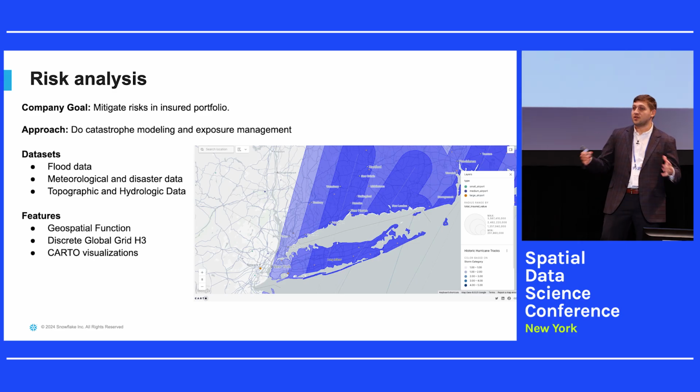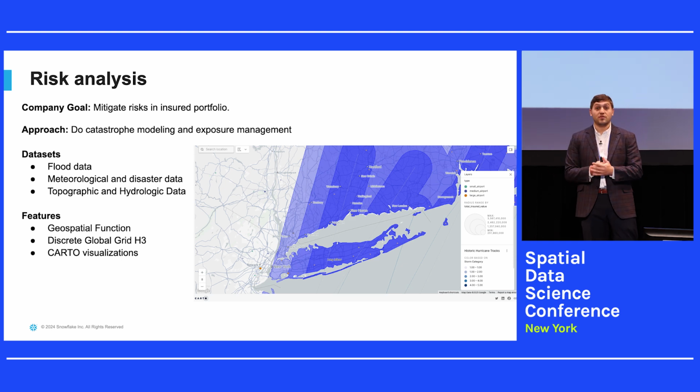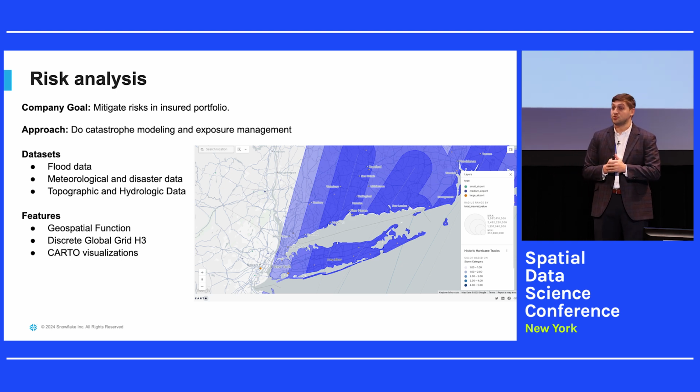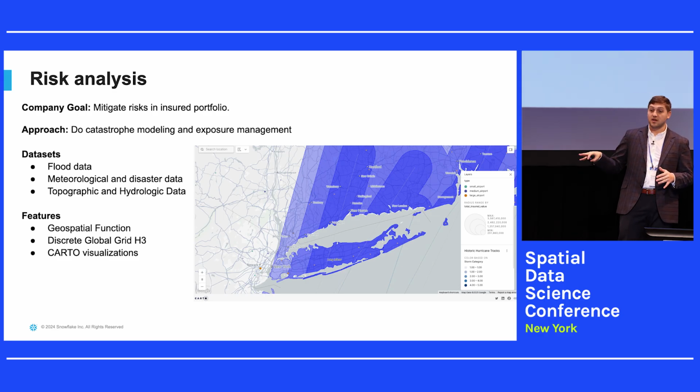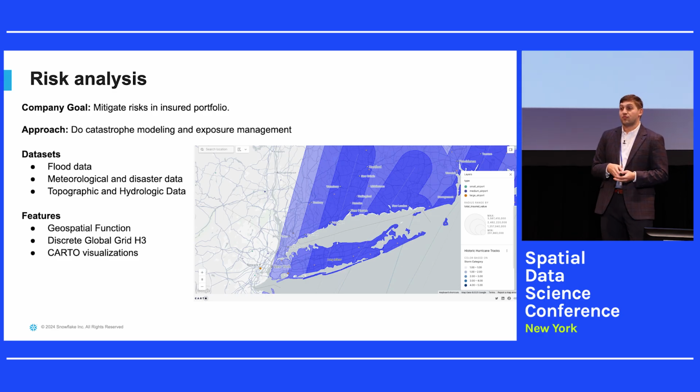People are figuring out, can I even insure this region anymore or not? And Snowflake works with one of the largest insurance brokers out there to do these very analyses today. They're able to get all of this sort of data and then specifically leverage the H3 quadrants to do that analysis. That's all, again, natively built into Snowflake. Those analyses can run right on your data.